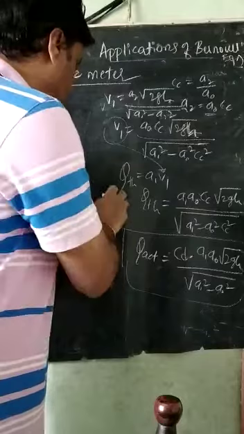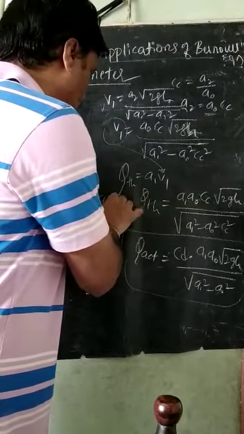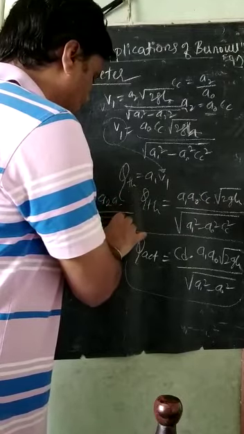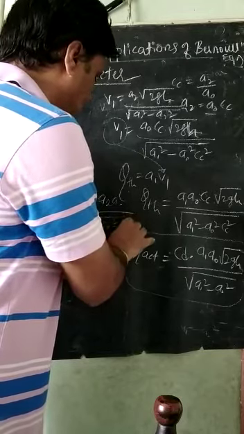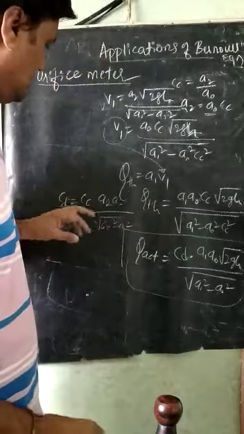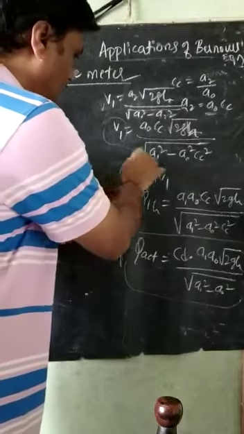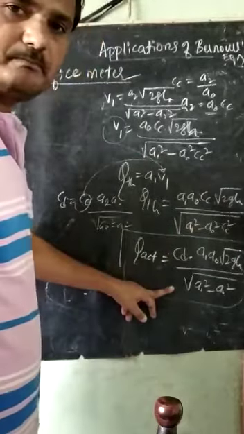That equation becomes A2 into A0 something, and under square root of A0 square, orifice meter, and that A1 square something. This relation in terms of the Cc comes here now. If I substitute this Cc here and here, again this equation comes.